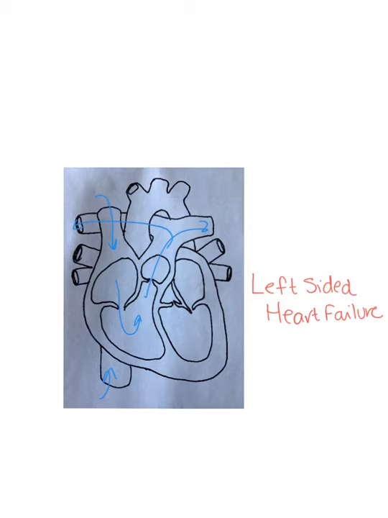So as the left side starts to fail, it can be due oftentimes to either a mitral valve disease or something wrong with the aorta where we're getting an aortic stenosis in that aortic valve. So both of these are going to affect how the blood is flowing back out of the heart and into the heart on that left side.